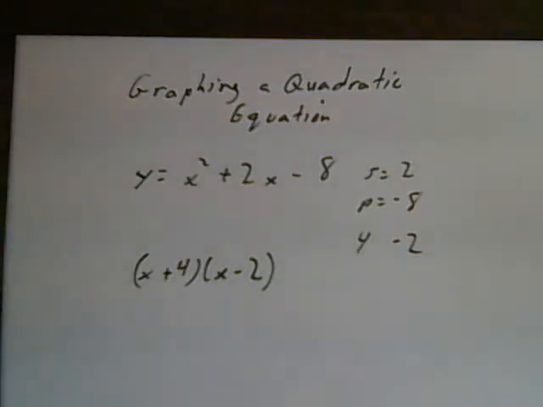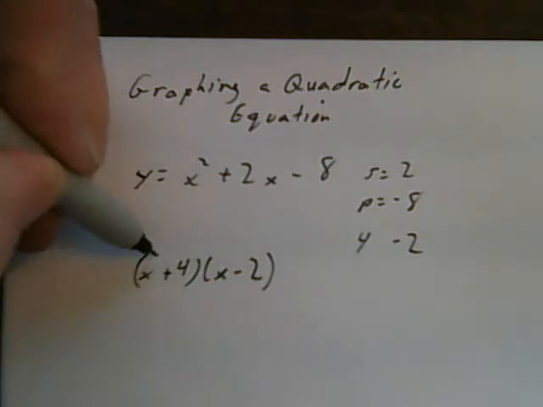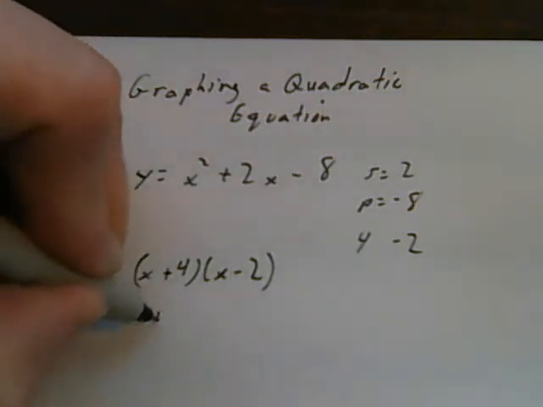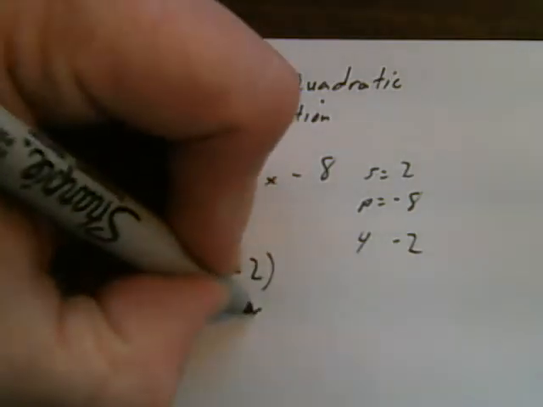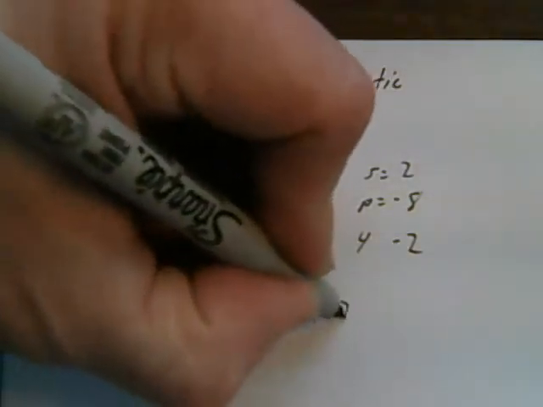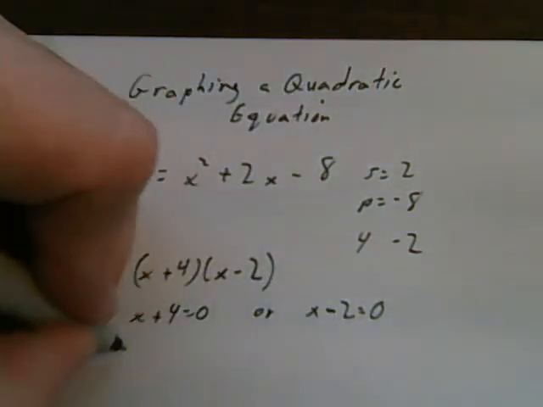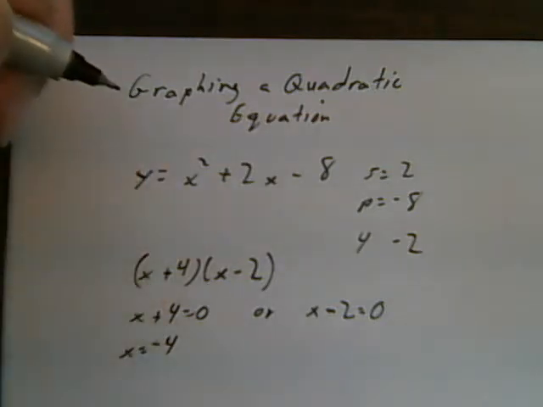Now, to get the x-intercepts, I want to know the values of x that make each of these expressions equal to 0. So I want to know x plus 4 equals 0 or x minus 2 equals 0. What's a number that I add to 4 to give me 0? Well, that would be x equals negative 4.